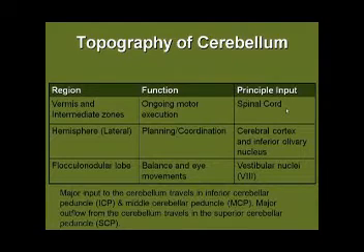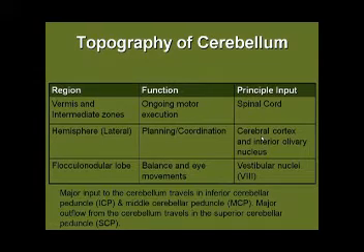As we said earlier, the lateral aspect of the cerebellar hemisphere is mainly involved in motor planning. Much of its input is coming directly from the motor cortex itself. There's basically a plan of the intended movement being sent into the lateral hemisphere, probably indirectly by way of axons of the corticospinal tract.